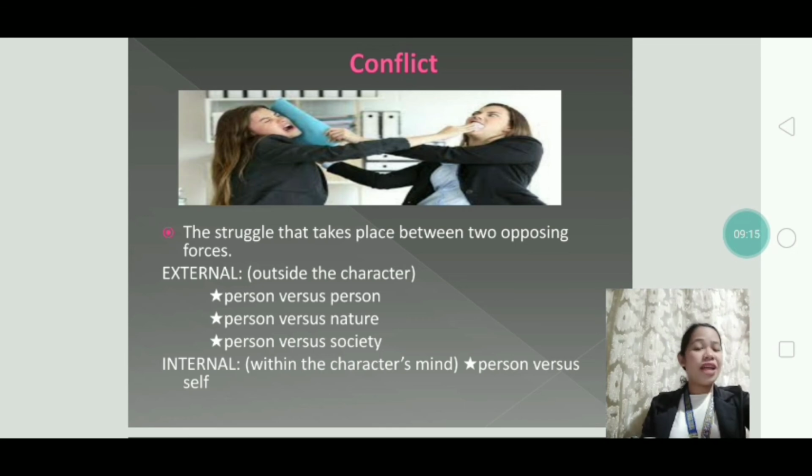However, in nature, the environment. Now, who can give me an example of a movie or a story where the conflict is under person versus nature? I want to call Miss Denise.